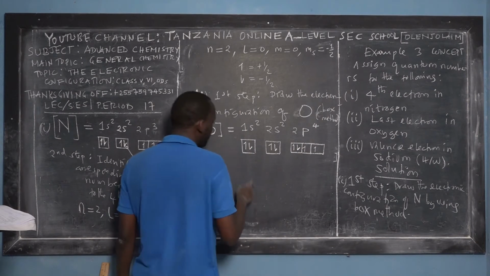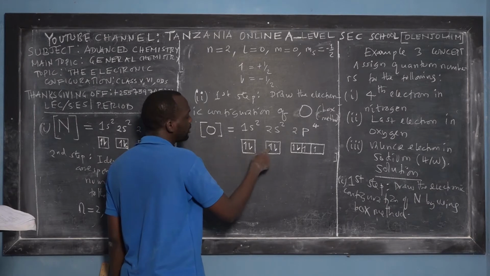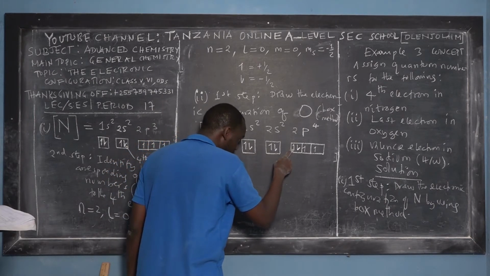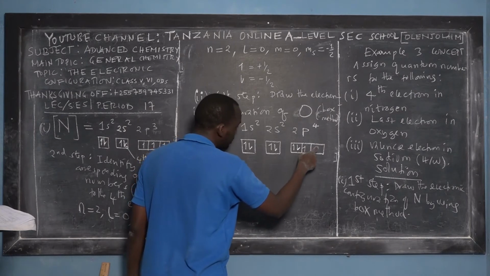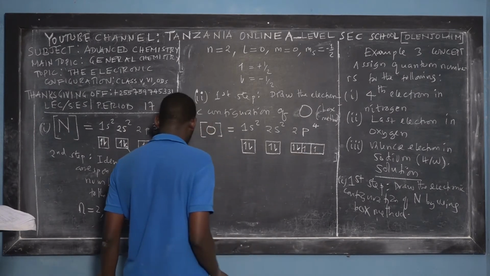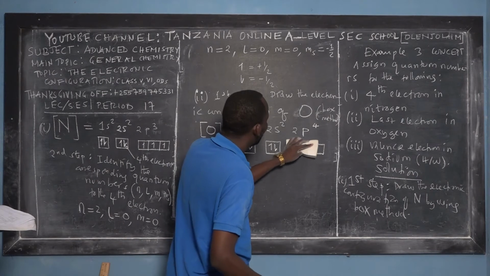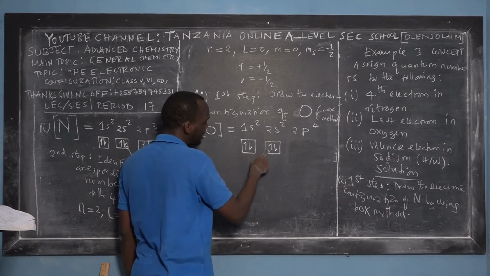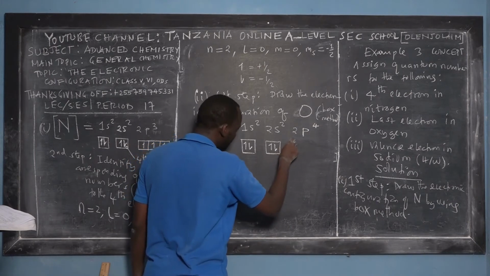So this is the way we count. First electron, second electron, third electron, fourth electron. Fifth electron, 6th electron, 7th electron, 8th electron. Let me repeat. First electron, second electron, third electron, fourth electron. Look again.